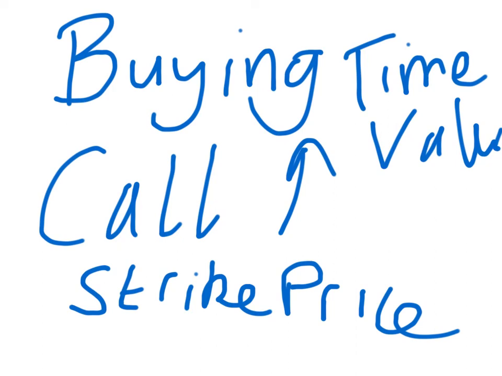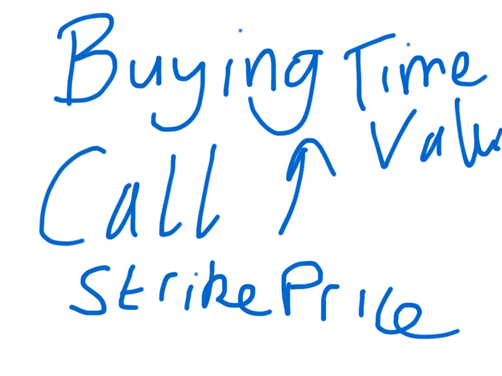In which case, the time value is likely to be a very significant aspect of the pricing. And you might think, well, let's buy options that have a long time until their expiry. But the value of the time element of the price of the option gradually decreases as the time goes by. So you might or might not want to do that. It all depends on your strategy.